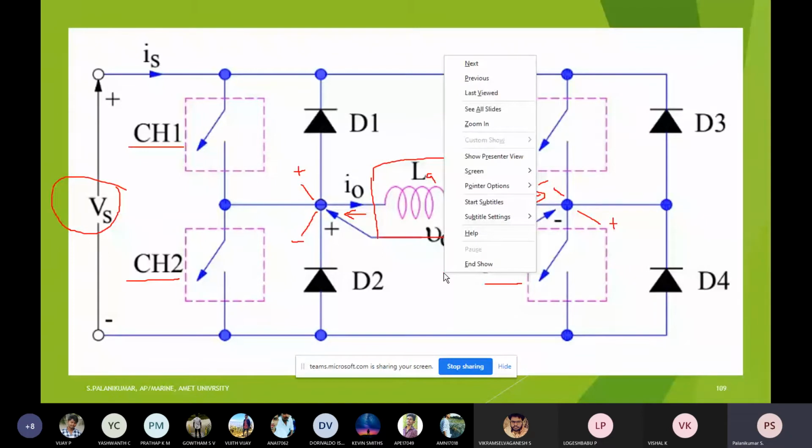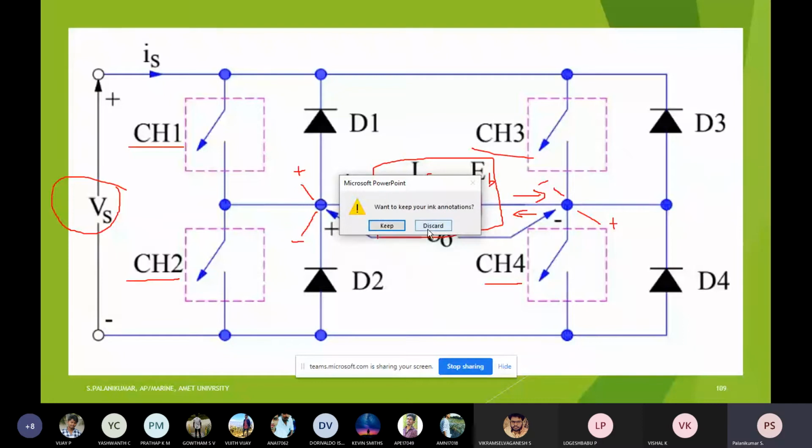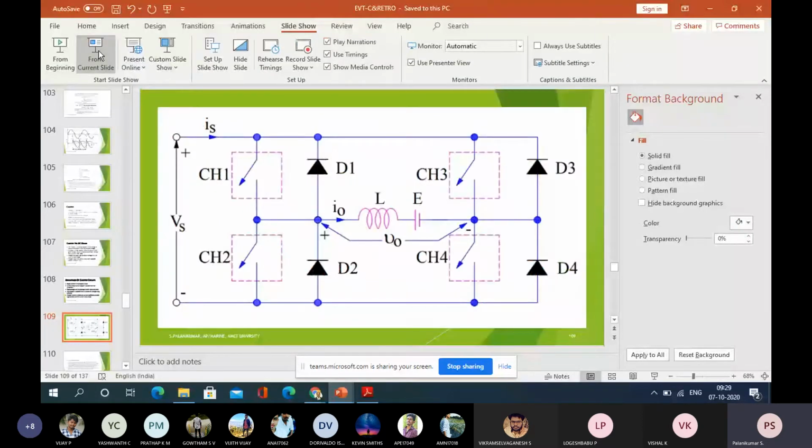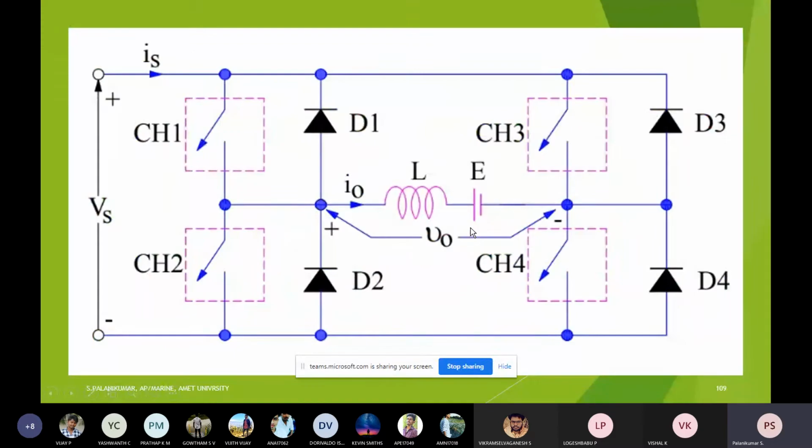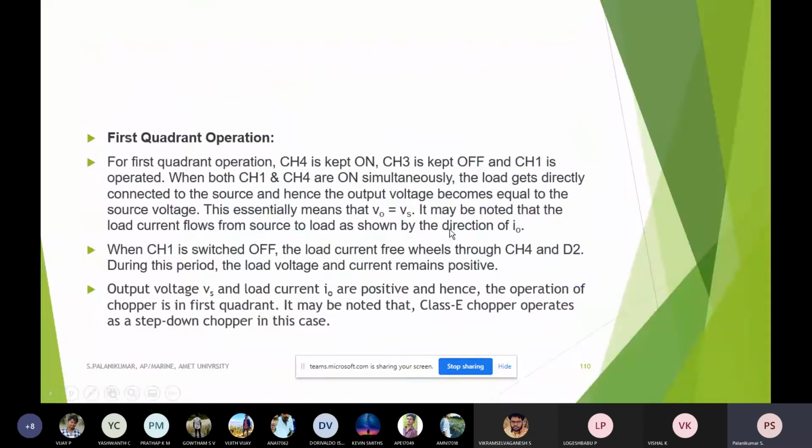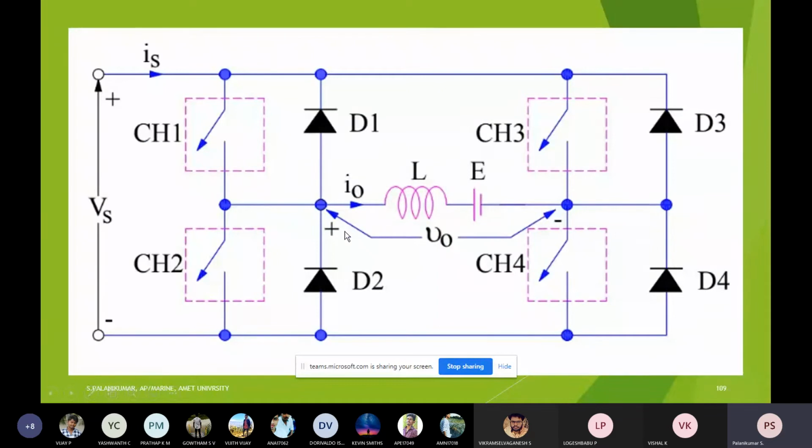So I think now you can understand. This is the source voltage. Here I have marked this point and this point. I am going to have a variable DC.